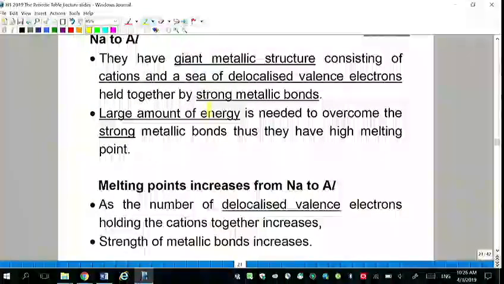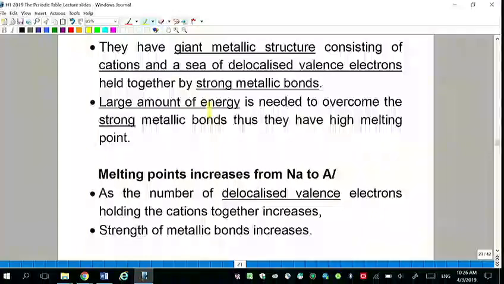Okay, but if I want to compare the trend across from sodium to aluminium, it will increase from sodium to aluminium. Why? Because if I look at metallic bonds, if I want to compare the strength of metallic bonds, you have to look at the electrostatic attraction between the cations and the sea of delocalized valence electrons.